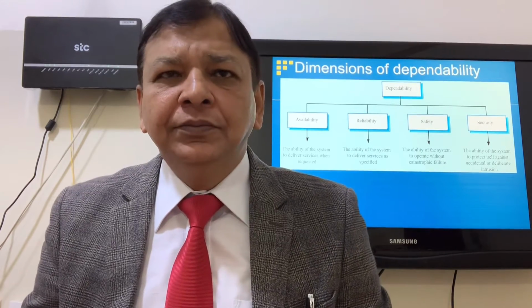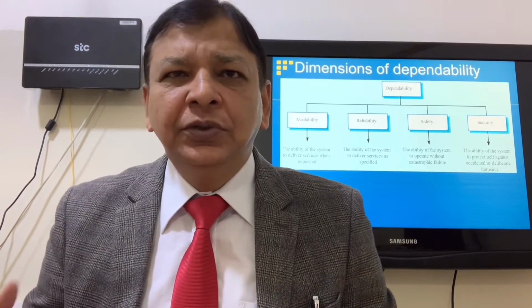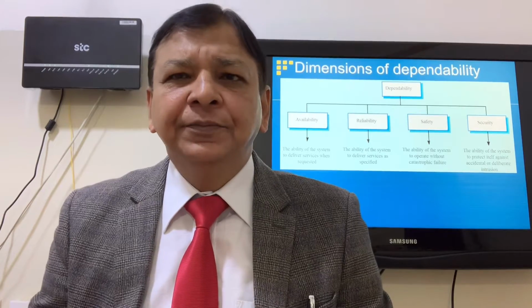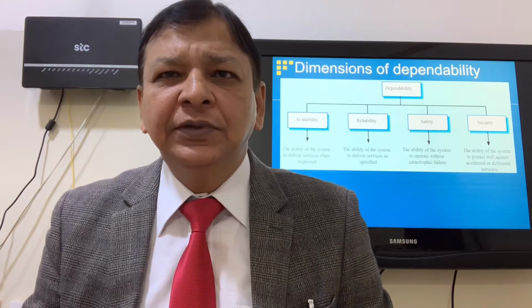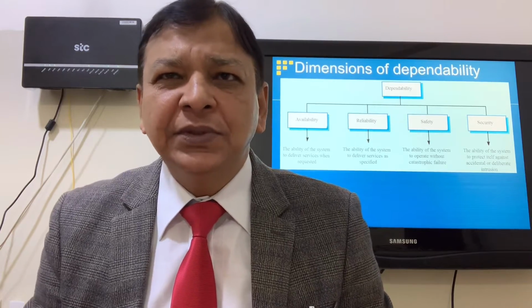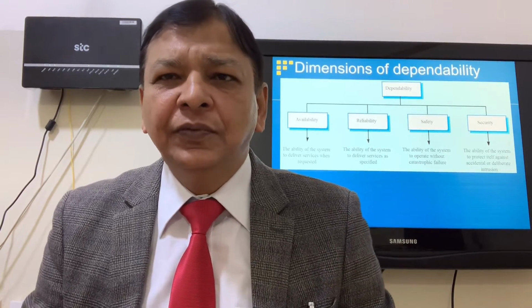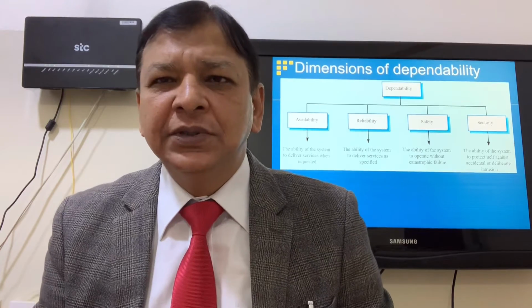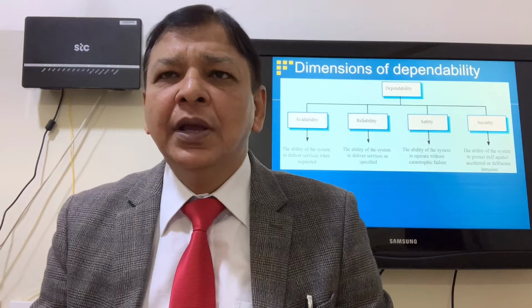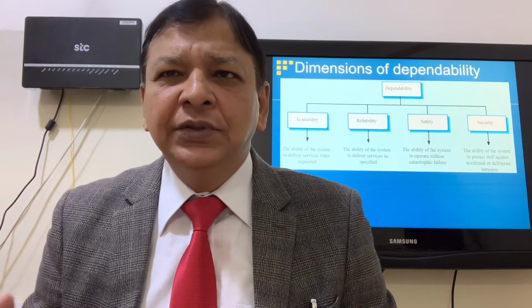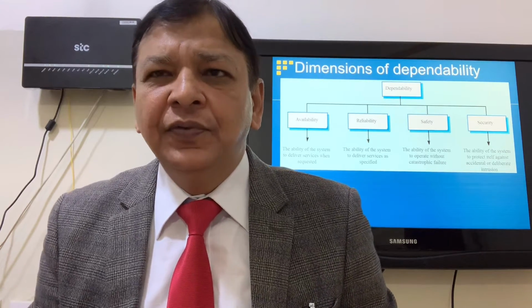Availability means the ability of a system to deliver services when requested, when required. Reliability means the ability of a system to deliver services as specified, and software should have minimum bugs and it must be stable. It must not crash again and again. Safety, the ability of a system to operate without catastrophic failure.